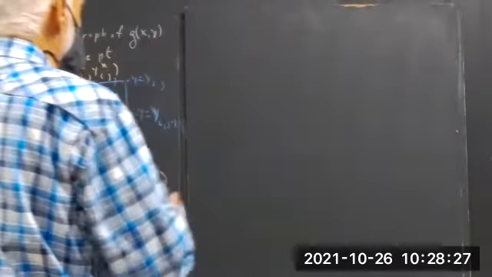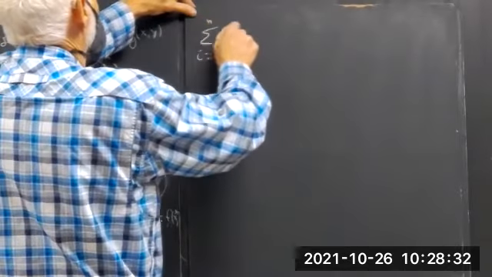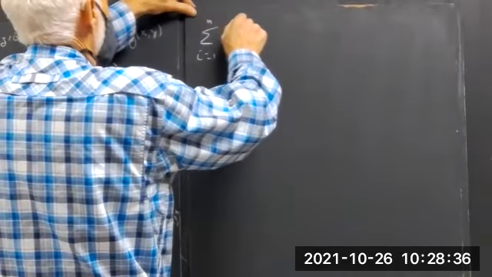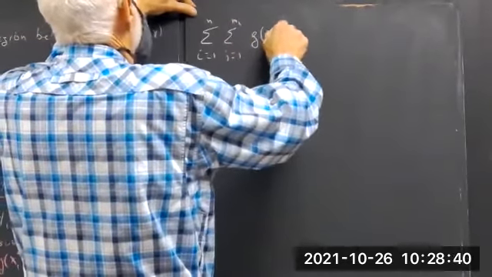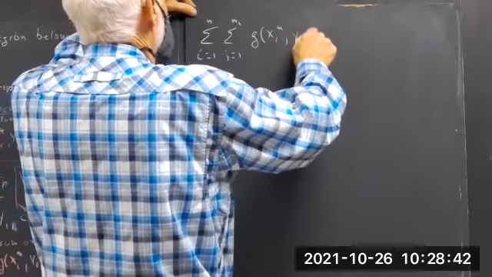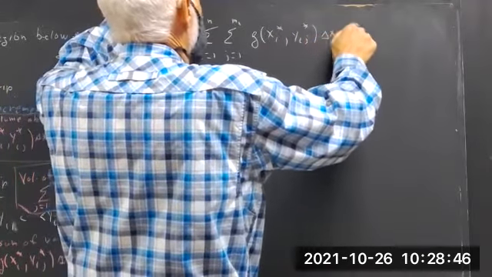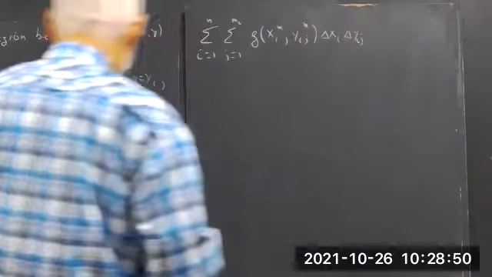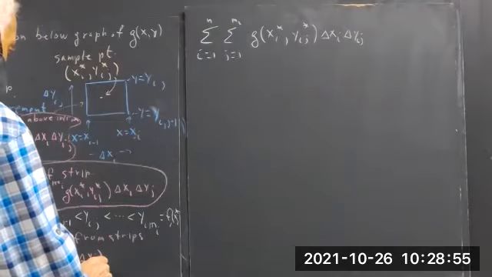So I'm going to write it up here. The sum from i equals 1 to n, the sum from j equals 1 to n sub i, of g of xi star, yij star, delta xi delta yj.